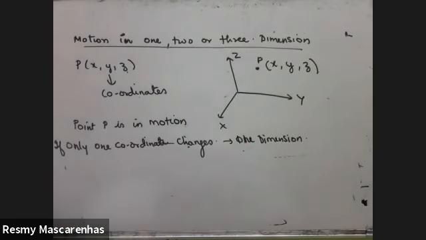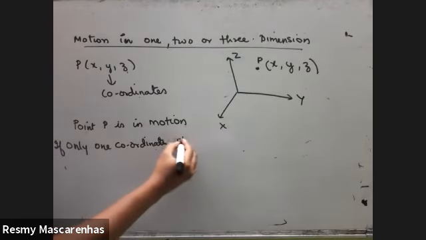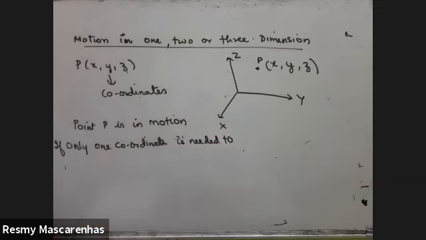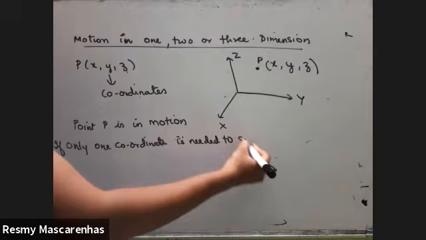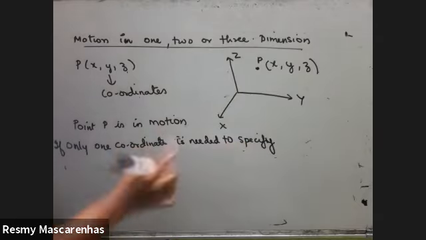Or in theoretical terms, if you want it in terms of definition, only one coordinate is needed to specify the position. This is actually difficult to understand, but that's why I've given both.